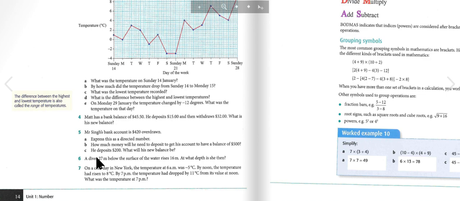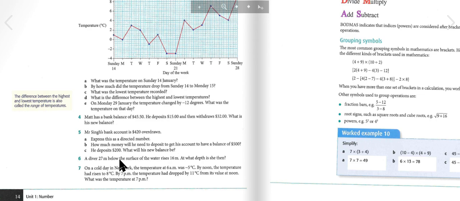He deposits $200. What will his new balance be? So, for this question, write your answers in the comments. Yay! We're almost finished with the lesson.